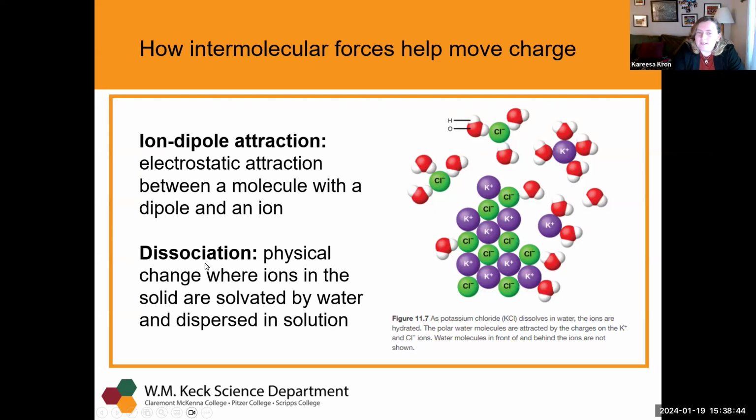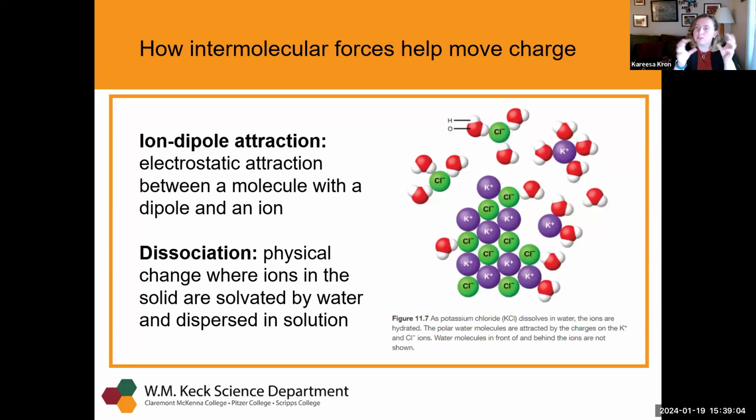And so water is dissociating this ion, and it's the physical change where ions in the solid are solvated or surrounded, like we talked about in our last video, and interacting with the waters in this ion-dipole attraction, and they're pulled apart and dispersed in our solution.